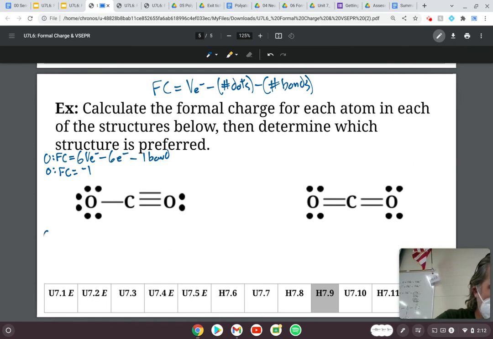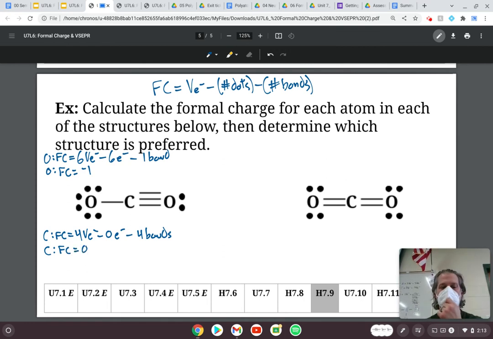Carbon has 4 valence electrons, minus the dots, which in this case is 0 dots, so 0 electrons, minus the bonds, which is 4 bonds, so carbon's formal charge will be 4 minus 4, which is 0.